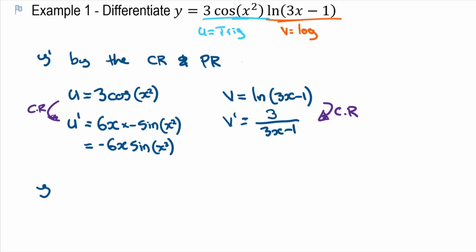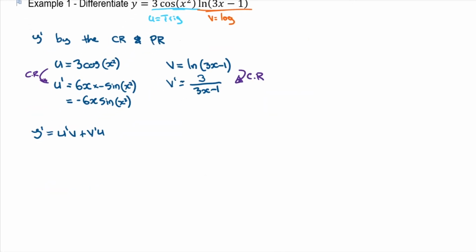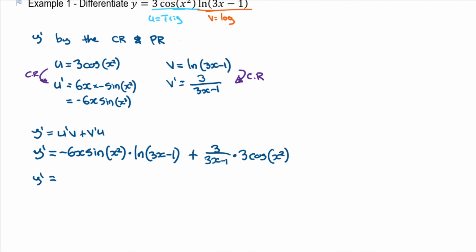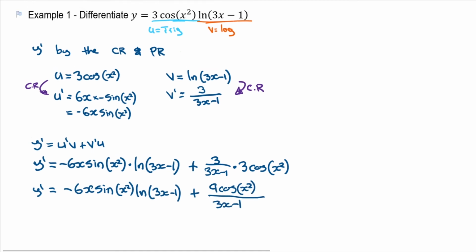I can then say that my derivative is equal to u prime v plus v prime u. Okay, and that there would give us our derivative function, because that cannot be simplified any further.